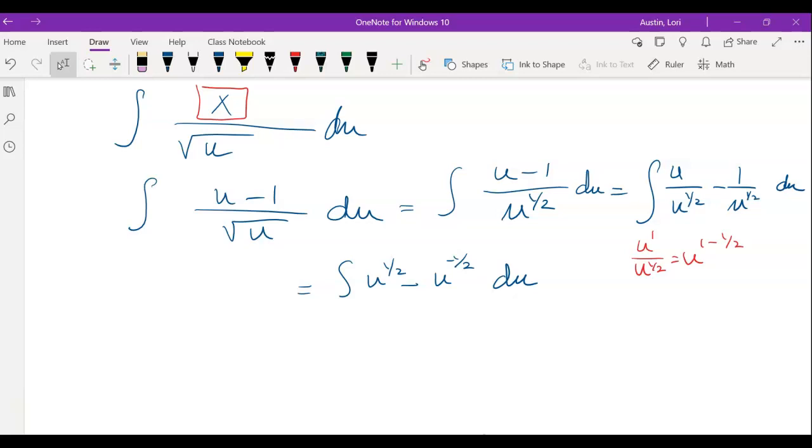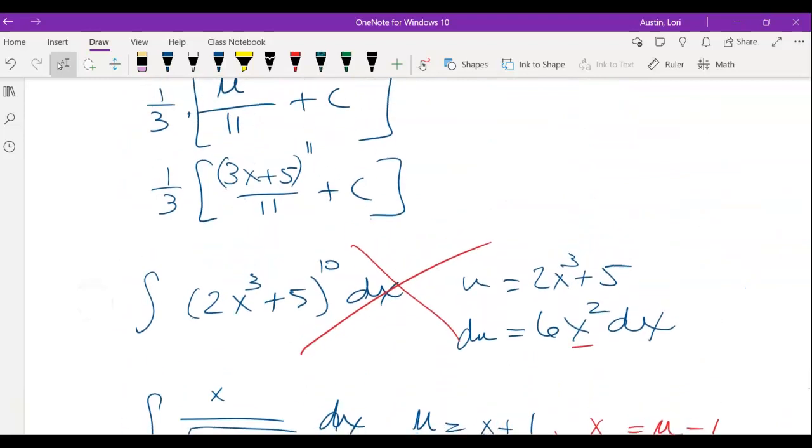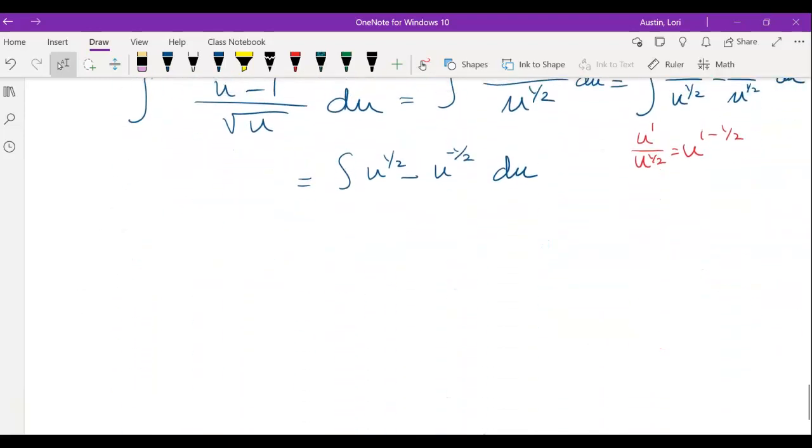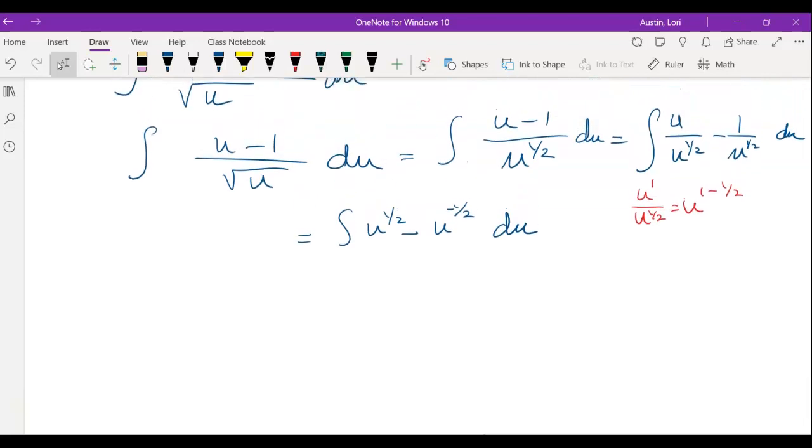It's kind of like if you had 6x squared minus 1 squared, you could FOIL it out. And the reason I use things like to the 10th power, you're not FOILing that out, right? You can though, but that is another way of doing it. It would just be really long. You can integrate this.